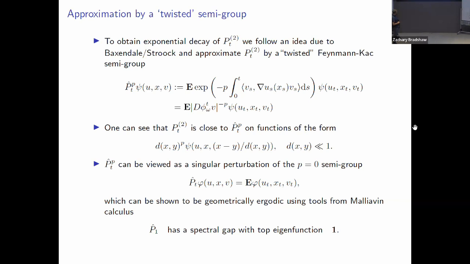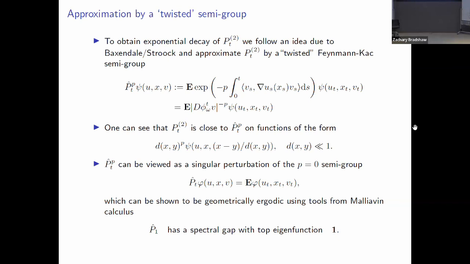Now, generally, this factor is going to decay exponentially fast. But in fact, you can also write this, integrating explicitly, as an exponential of exactly the factor that showed up in the representation for the top Lyapunov exponent. So if you write the generator for this thing, it ends up being of Schrodinger type. You're essentially taking the generator for the projective process and adding this potential with some small factor of p.